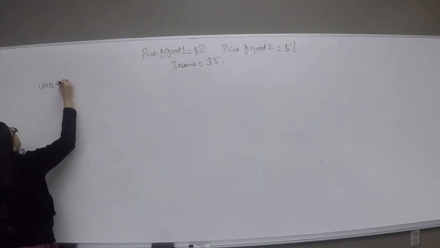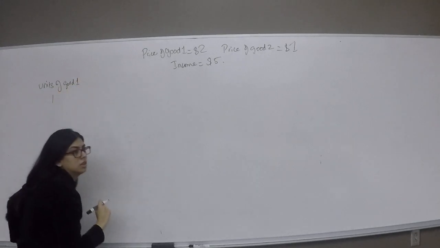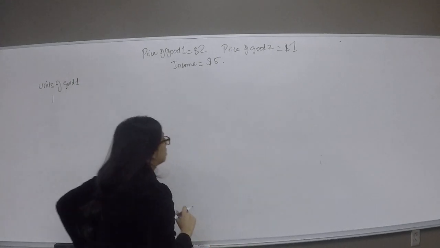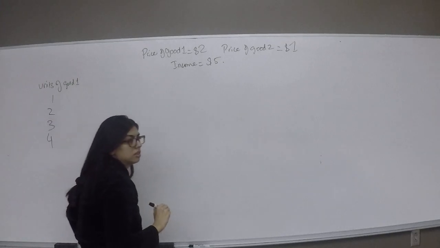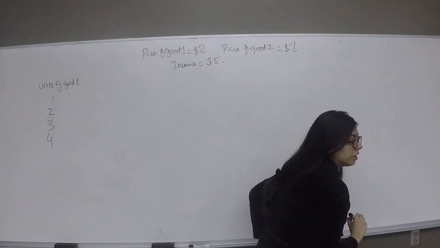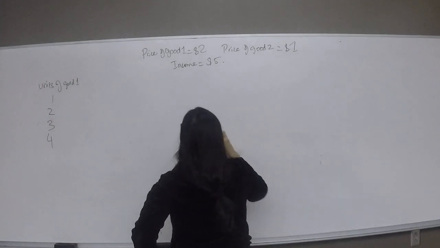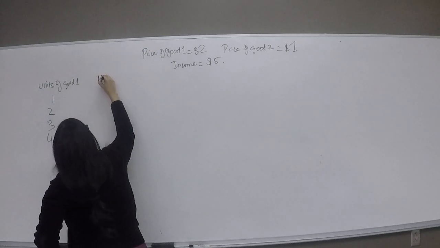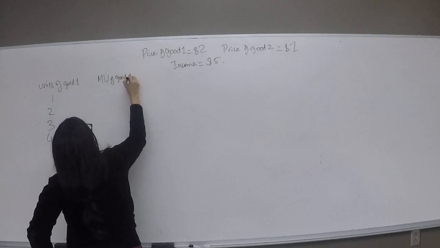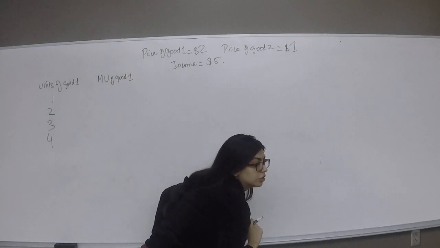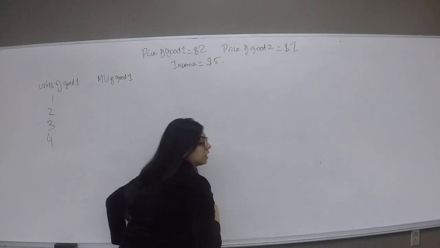Units of good one: 1, 2, 3, 4. Marginal utility of good one: 24, 18, 12, 6.